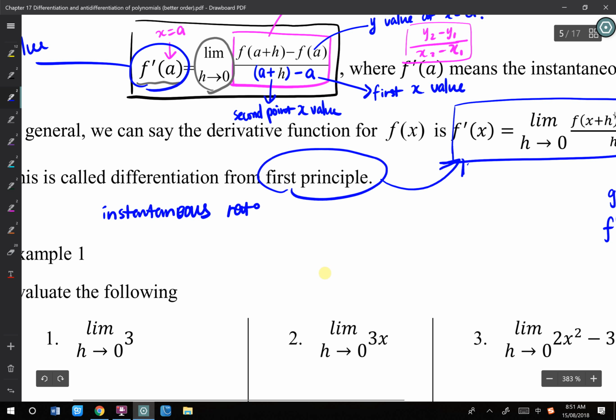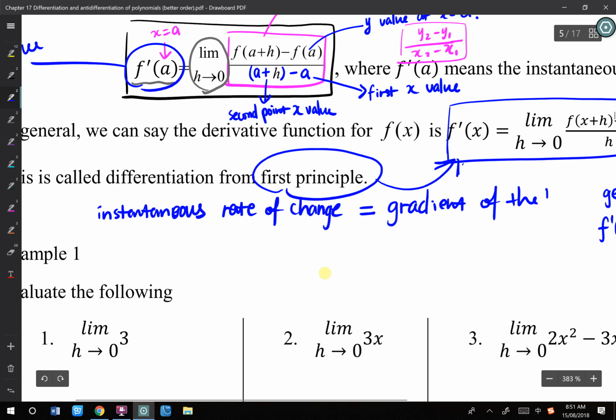Instantaneous rate of change equals the gradient of the tangent, and that equals f dash a or f dash x. Anyone mention instantaneous rate of change?